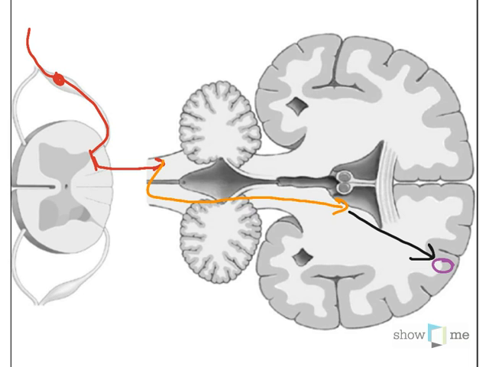And this concludes the posterior column pathway diagram, and I hope you find this is a helpful tool to study how we integrate sensory information as it comes into our bodies.